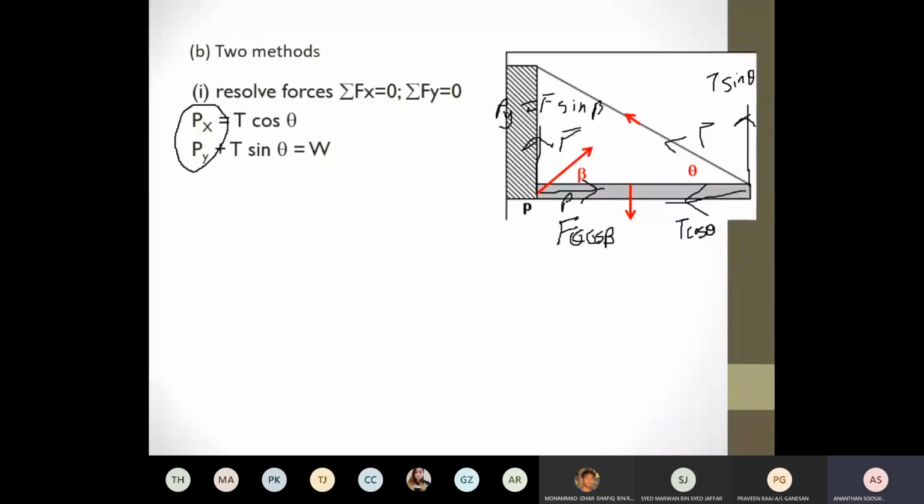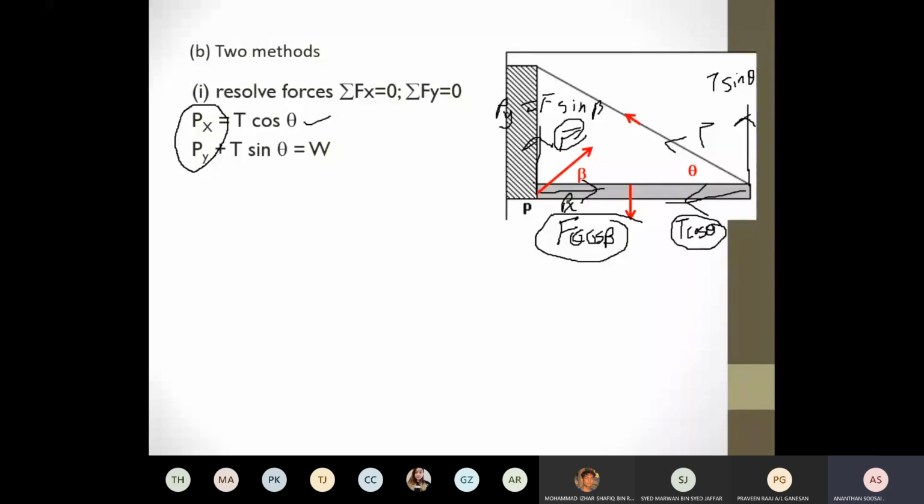So Px should be the same as T cos theta, because these are the two horizontal forces. Px acting to the right, T cos theta acting to the left. They must be the same. But we know Px is F cos beta, if you put it in beta form.